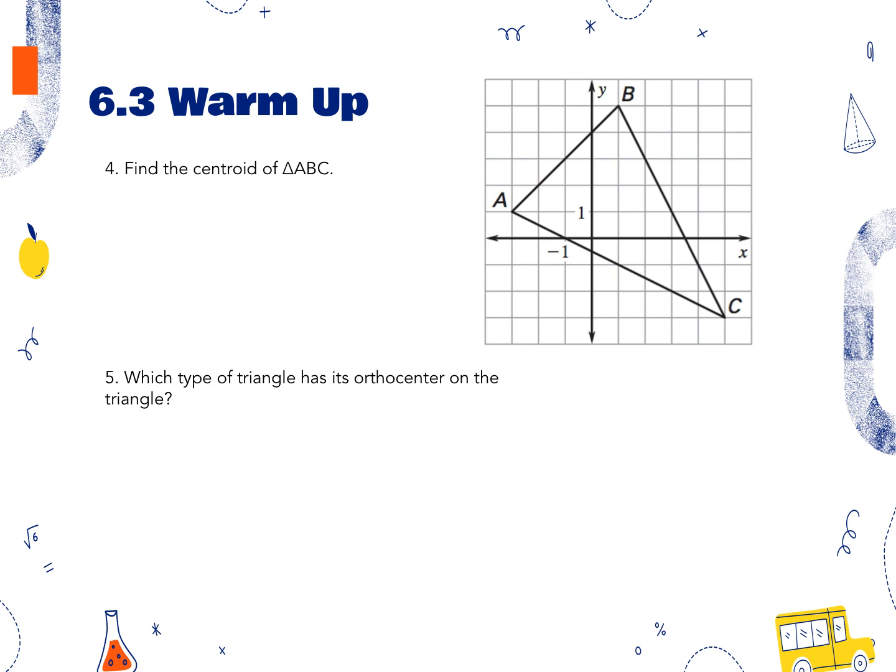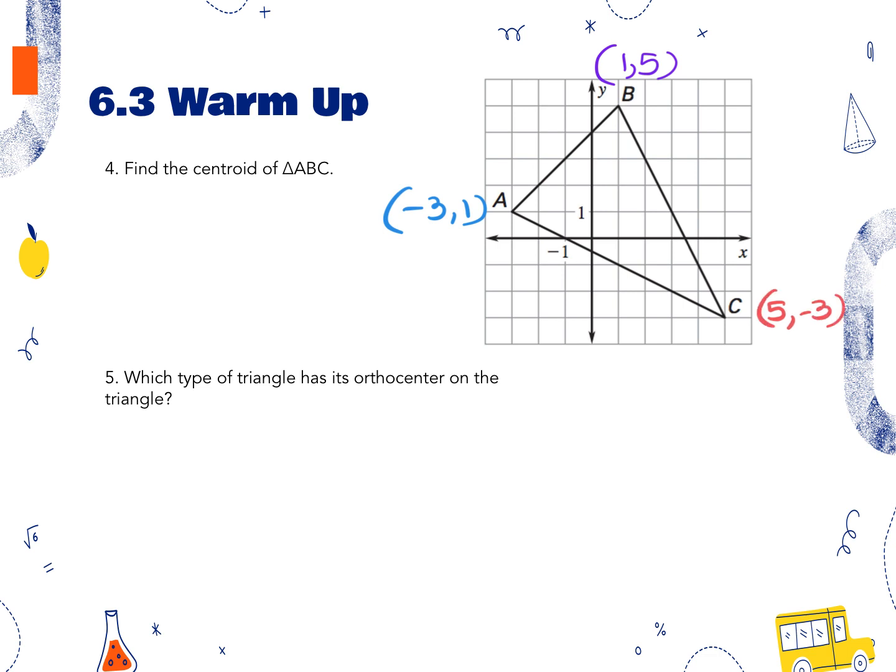It's only there for you to do your scratch work. So let's figure out what A, B, and C are. The ordered pair for A is -3, 1. The ordered pair for B is 1, 5. The ordered pair for C is 5, -3.